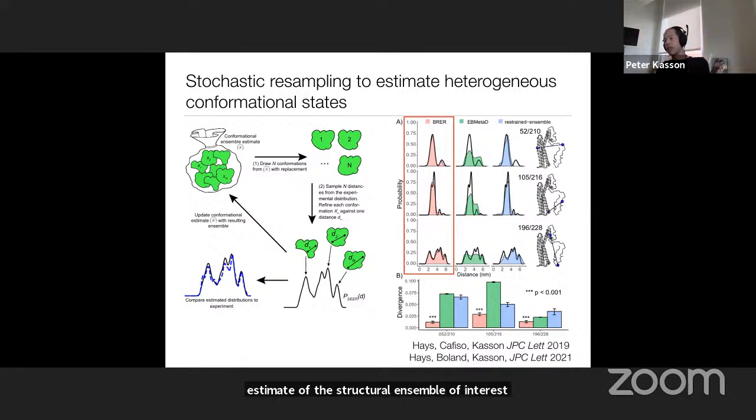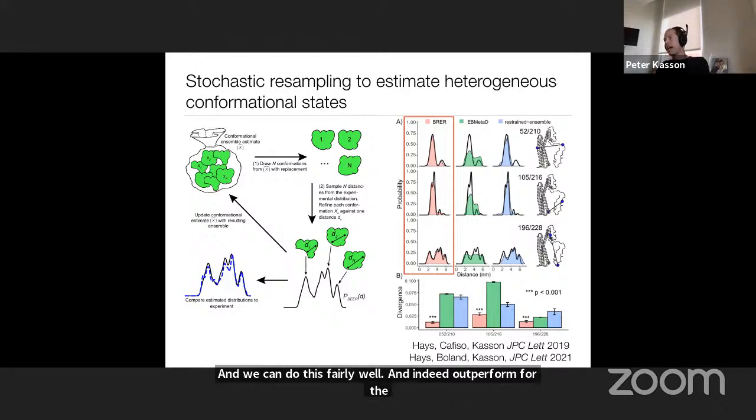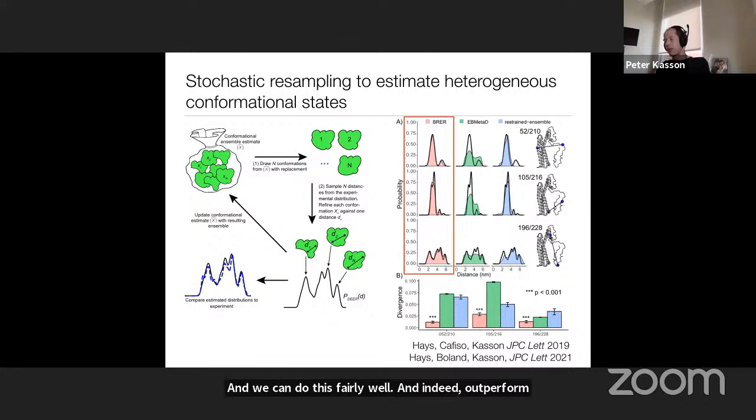And we can do this fairly well, and indeed outperform for these challenging distributions prior state-of-the-art approaches. And so this then gives us the tool to do what it says are the interesting pieces.